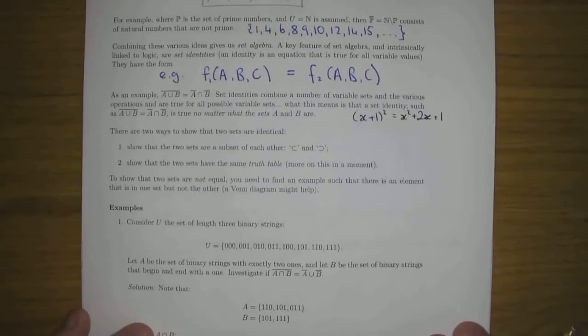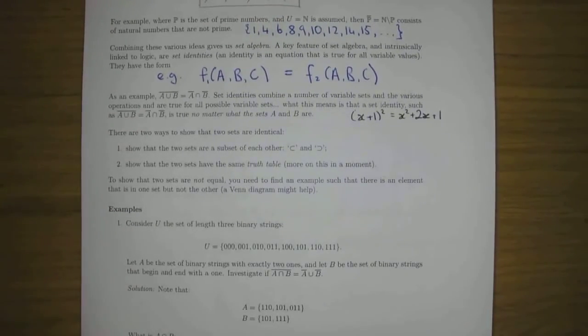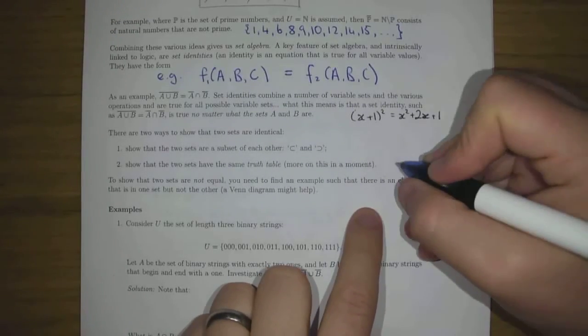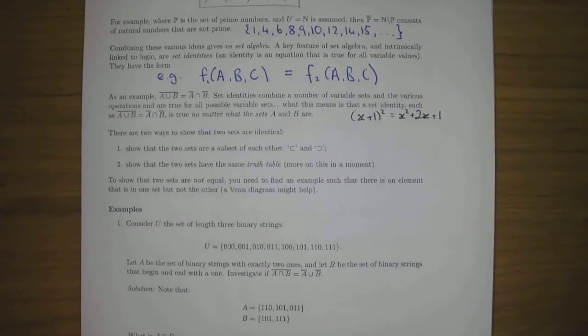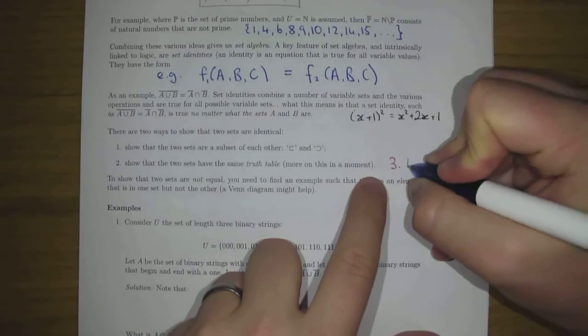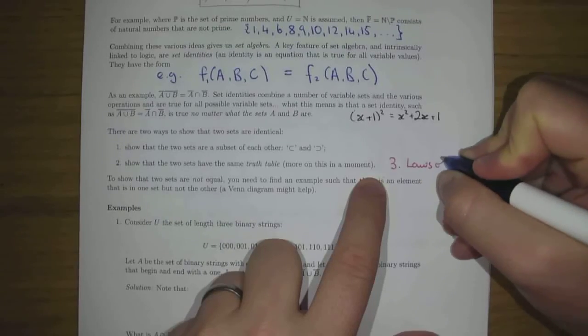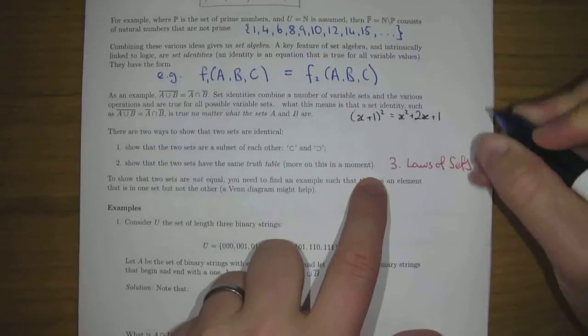Now, one of the things you might be asked to do is show the two sets are equal. So actually there's a third thing that we're going to use in this module. Set identities are actually a little bit different here, but you can use laws of sets, which we'll get to a bit later on.